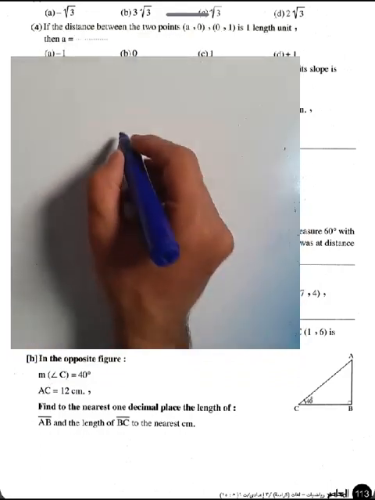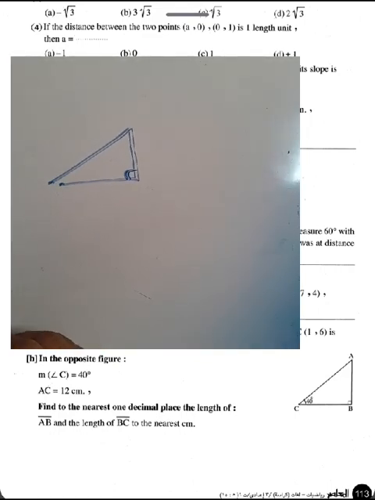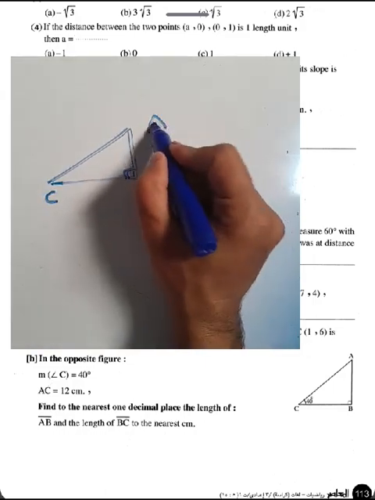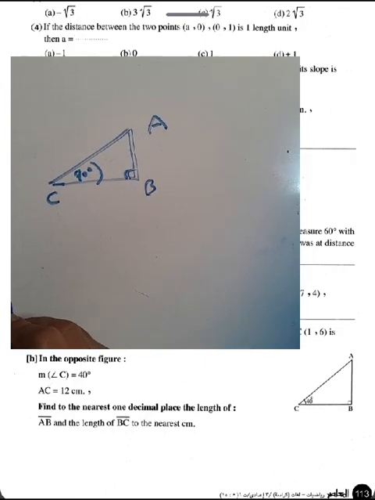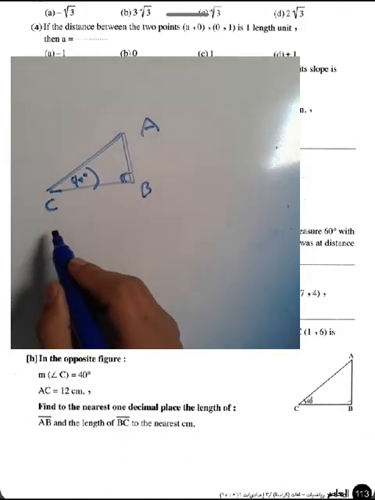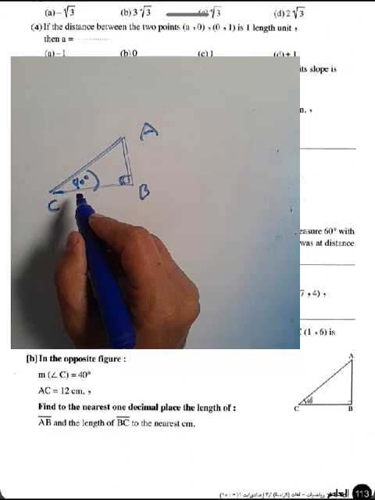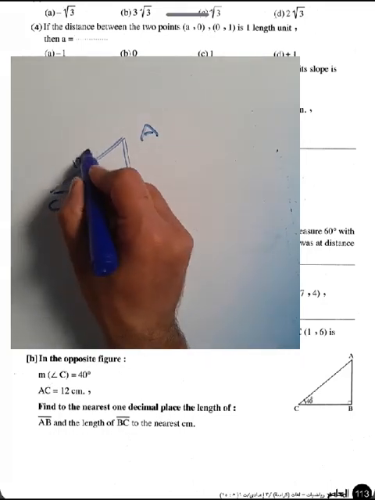Last question here. In the opposite figure, we have a right angle triangle, with the right angle at B, and we have C and A. This angle is 40 degrees. We want to find, to the nearest one decimal place, the lengths of AB and BC. He gives us the angle 40, and AC is 12 centimeters.